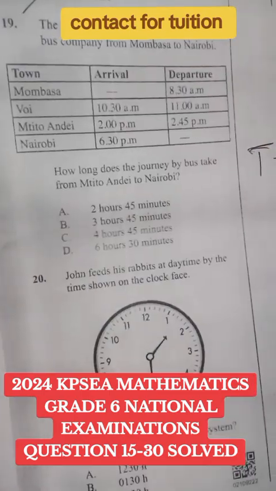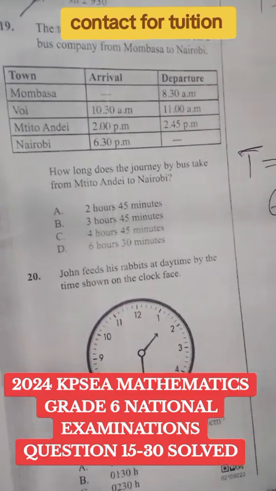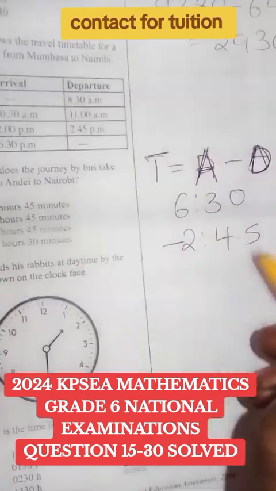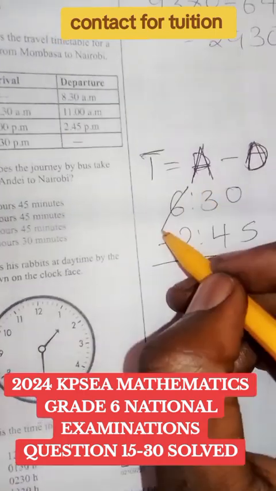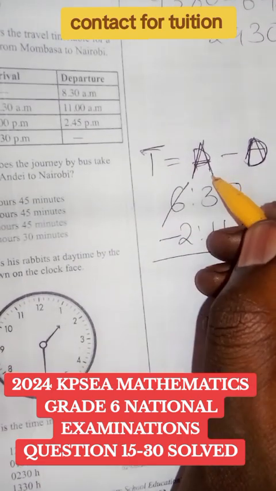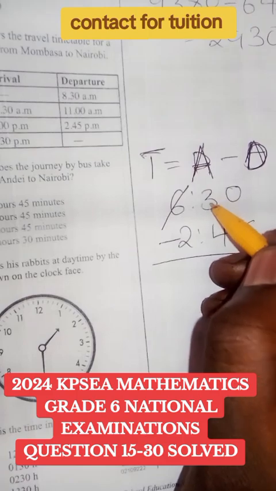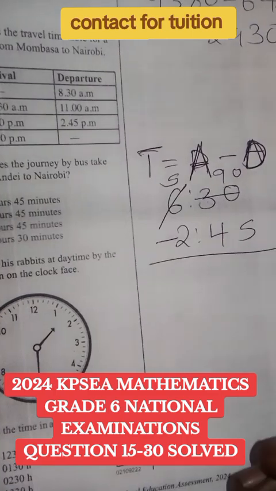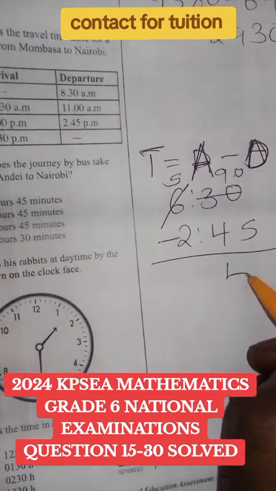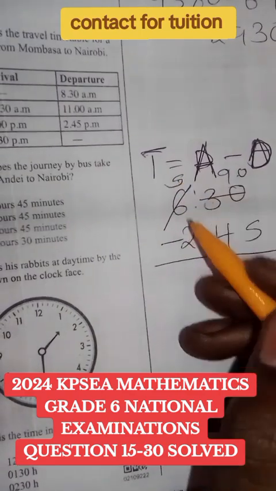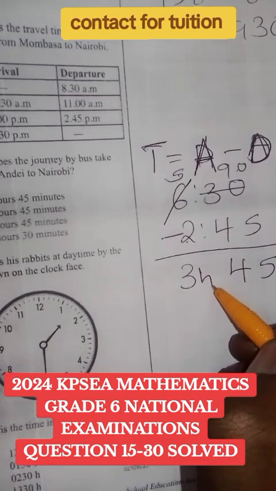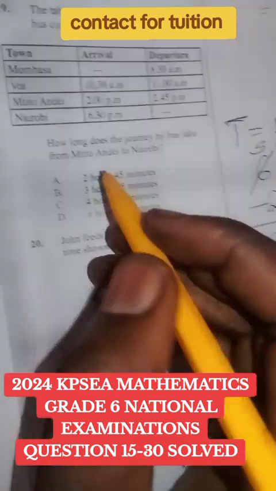Therefore, we are going to take 6:30, we subtract 2:45. Because this is less, we are going to borrow 1 hour from this side, and that makes it 60. So 60 plus 30, it is 90. Here it is remaining 5 hours. So 90 minus 45, that is 45 minutes. Then 5 minus 2, that is 3. Therefore, it took 3 hours and 45 minutes.